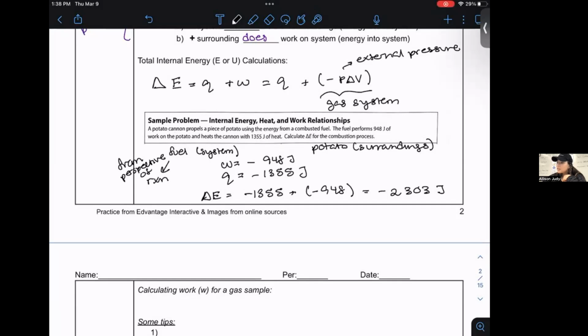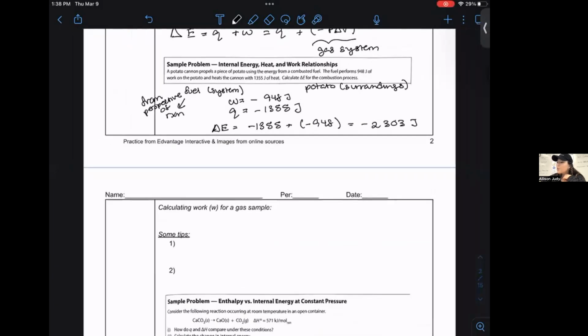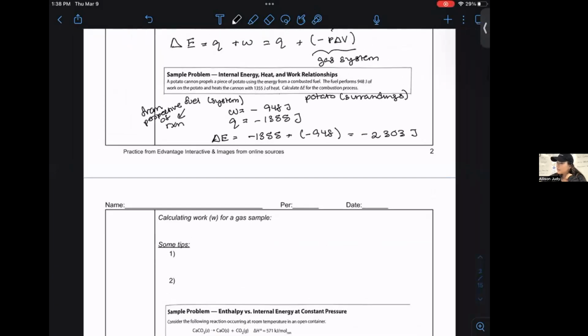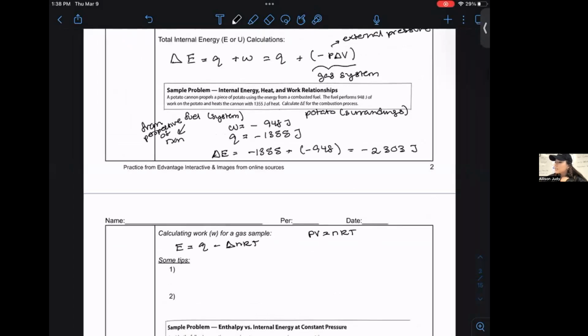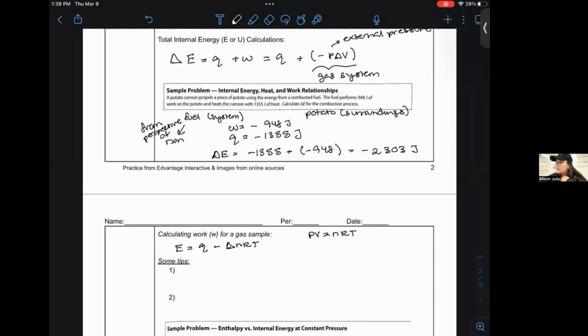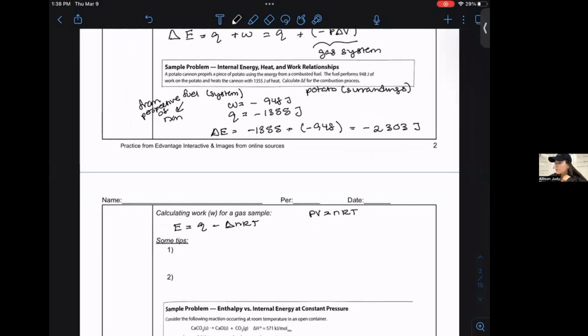Okay. All right. So there's one other derivation we can have for this, and you could also say that energy is equal to Q minus change in nRT, because technically, according to the ideal gas law, PV equals nRT. So if for a gas system work is equal to negative P times change in V, well, we could also say then that work is equal to negative change in nRT.